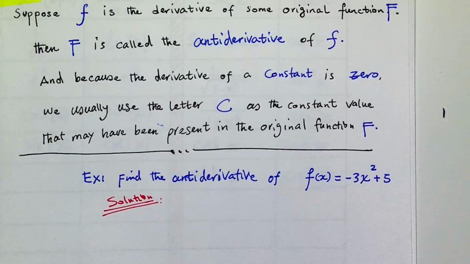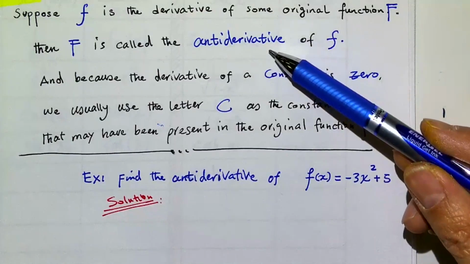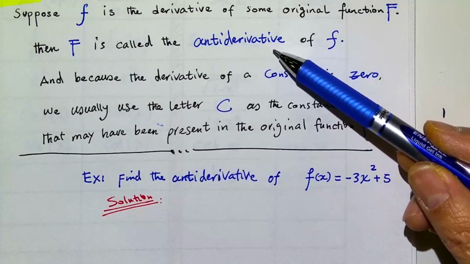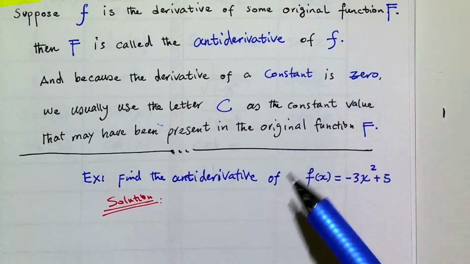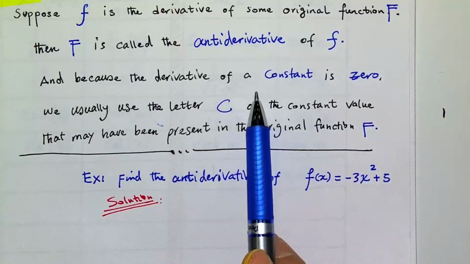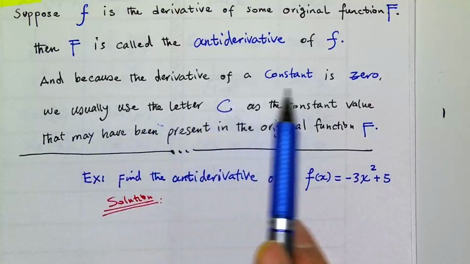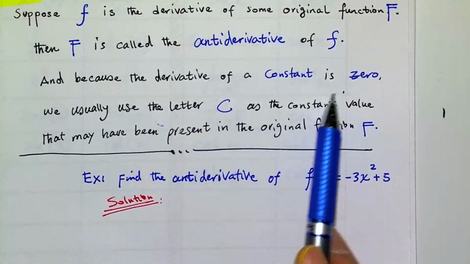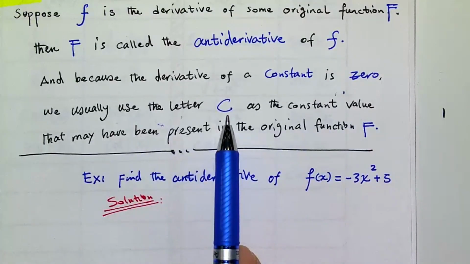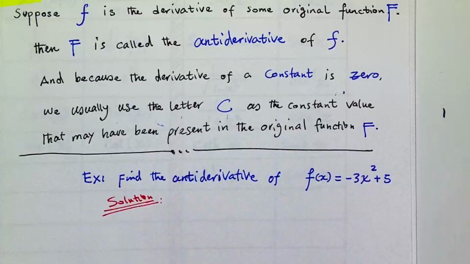So when we obtain the antiderivative of a derivative or some function, because the derivative of a constant is 0, we usually use the letter C as the constant value that may have been present in the original function F. There may or may not have been a constant in the original function.